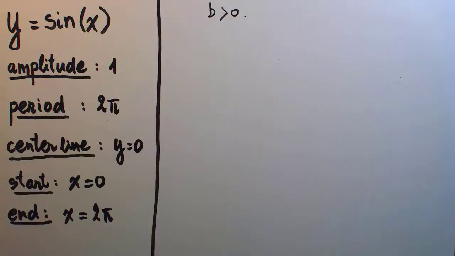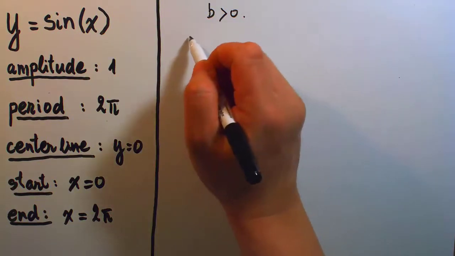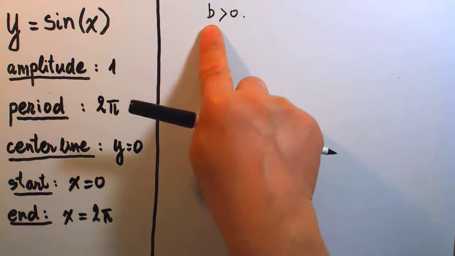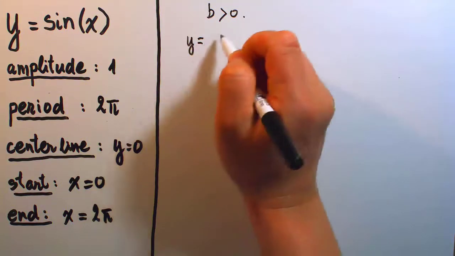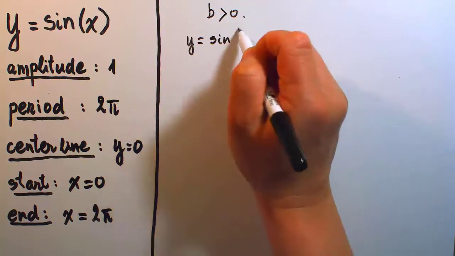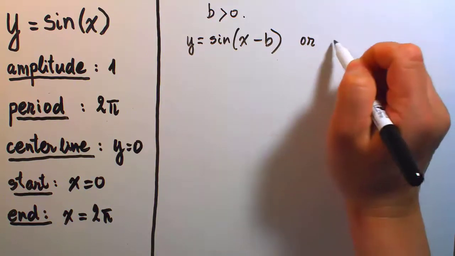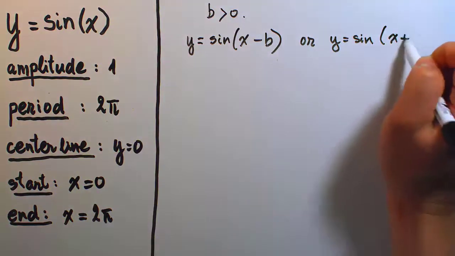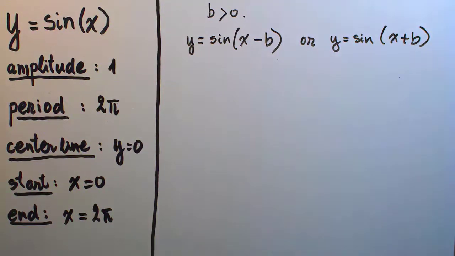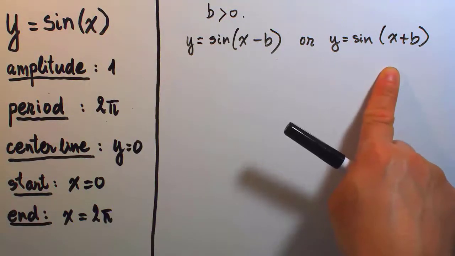And let's now formulate a generality on those functions. Once again, starting out with b being a positive value, those functions sine of x minus b or sine of x plus b. What generalities did we draw throughout our investigations?